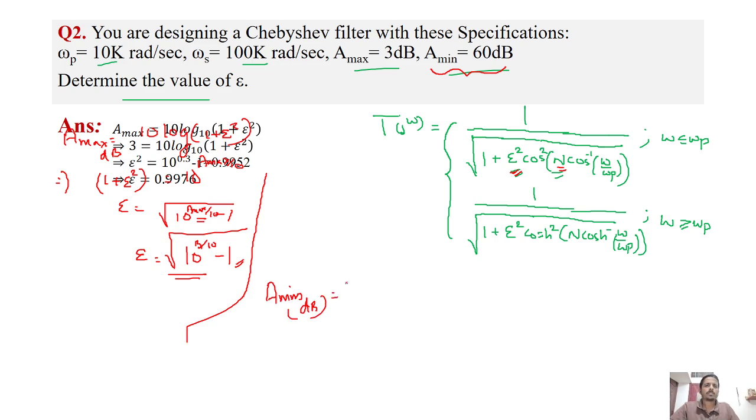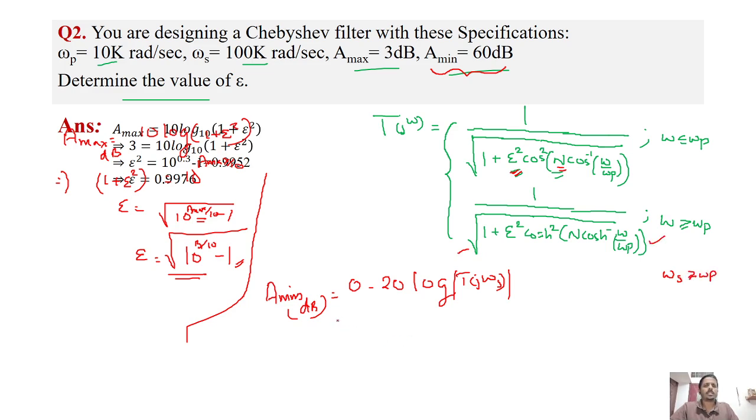In the previous question I had already mentioned that A minimum is equal to minus 20 log of T of j omega s, right? So we need to substitute omega equal to omega s in this equation. Which expression will we take? Omega s is definitely greater than or equal to omega p, so I need to take this equation.